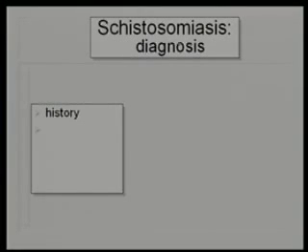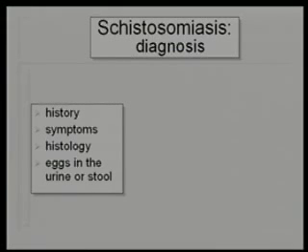Diagnosis based on history is very important: bathing in fresh water in an area where it is endemic. Symptoms will be, in the case of mansoni and japonicum, diarrhea and GI symptoms. One would find eggs in the stool in the case of Schistosoma mansoni and Schistosoma japonicum, whereas one will find the eggs in the urine in the case of Schistosoma hematobium.